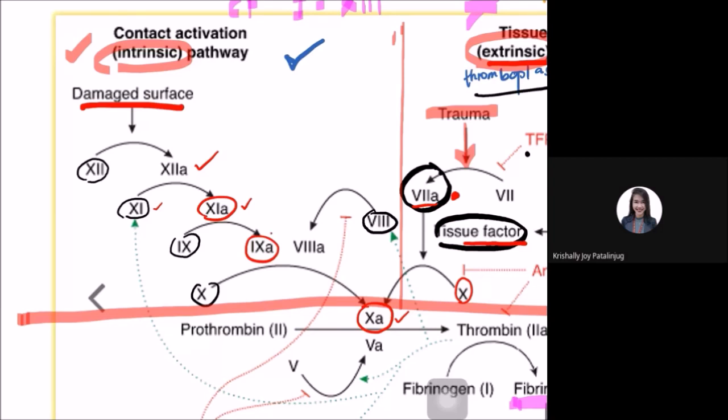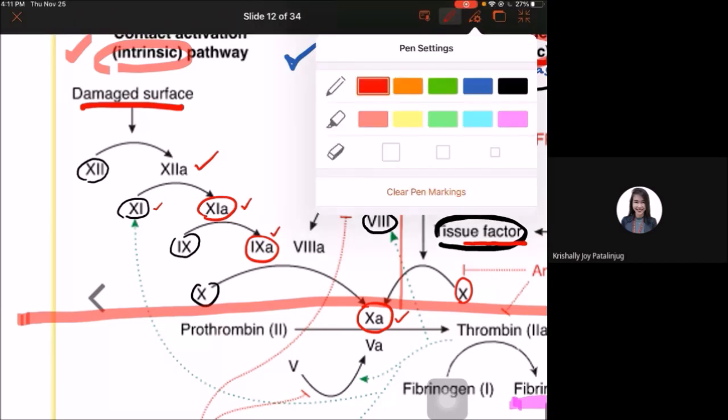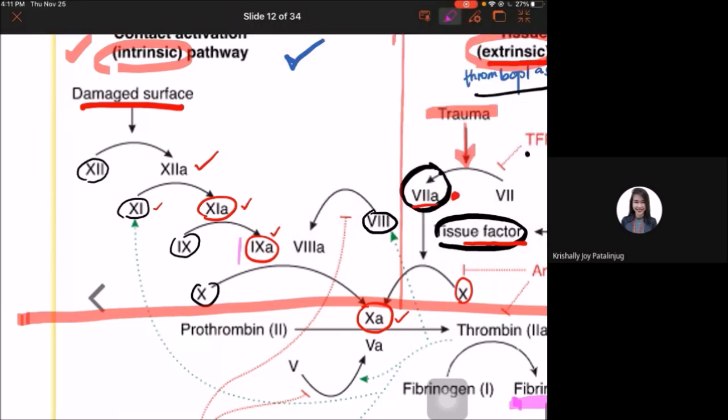And together, in the intrinsic pathway, 8A together with 9A are responsible for the activation of 10 into 10A.